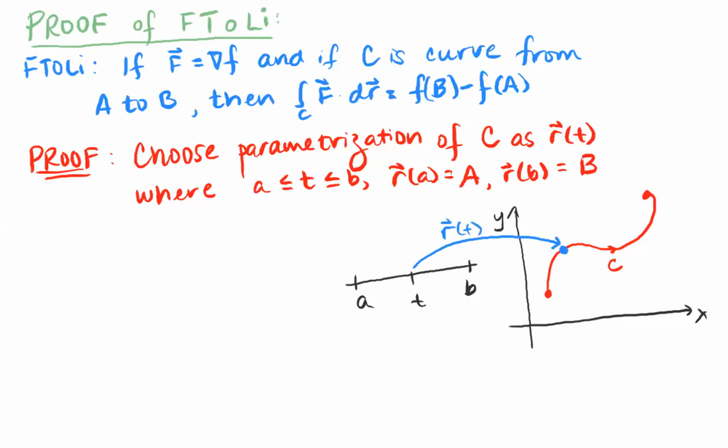Before I do the proof, one more thing from before that you need to know in order to understand the proof is to remember the vector version of the chain rule.